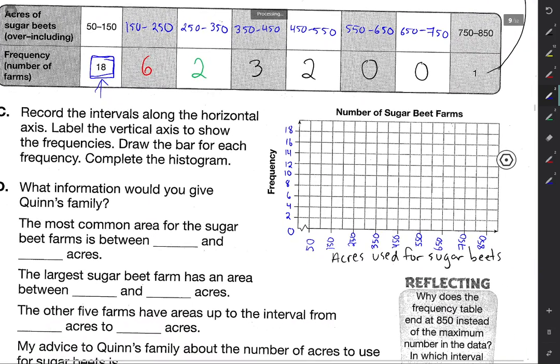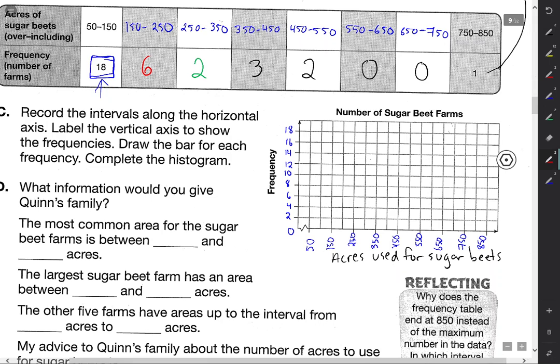And now we have to draw each bar for each interval. So starting off here, between 50 and 150, our frequency is 18. I'm going to draw this all the way up to 18, go across, and then back down. And you can shade that in.